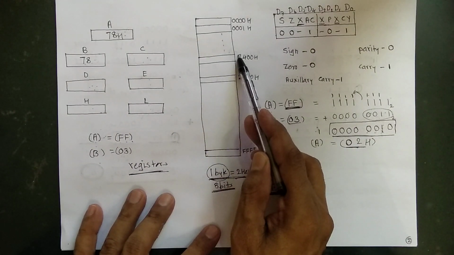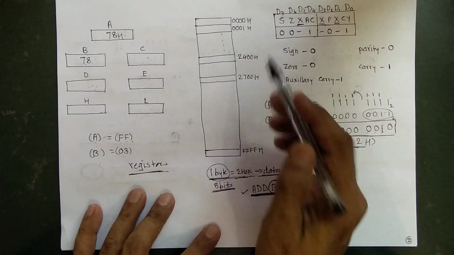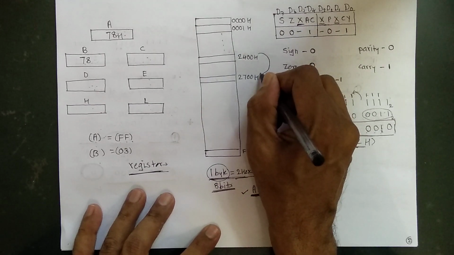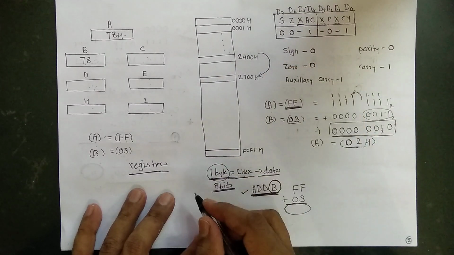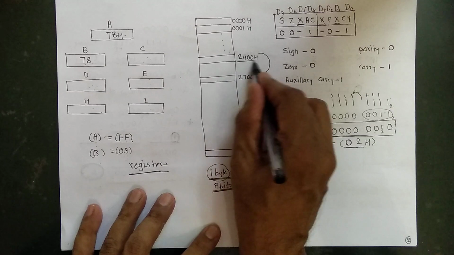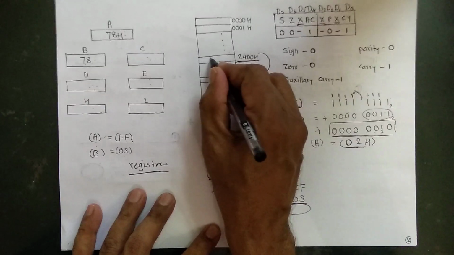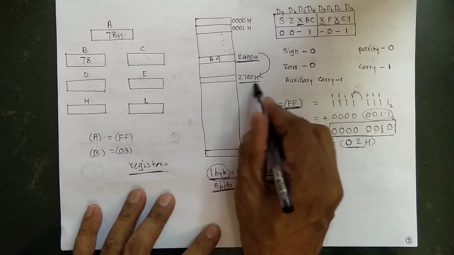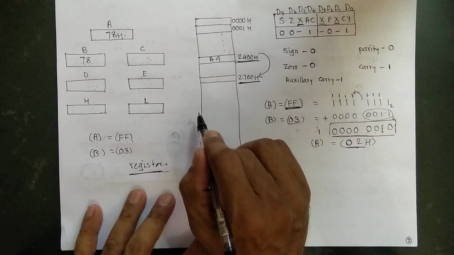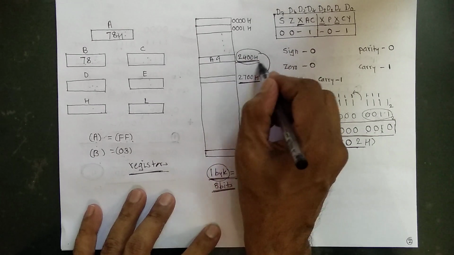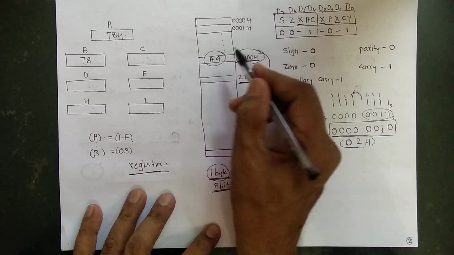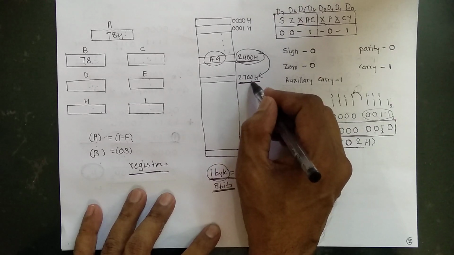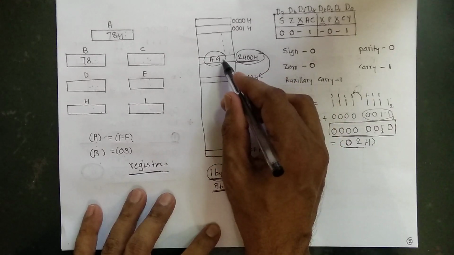But the direct transfer of a number from one memory location to another memory location is not possible. Suppose at memory location 2400 a number A9 is there and you have to transfer it to memory location 2700H. The direct transfer from one memory location to another is not possible.